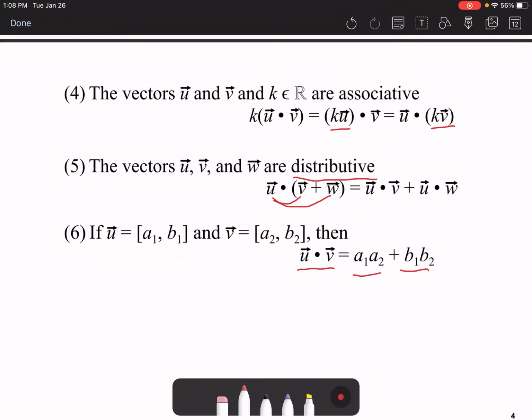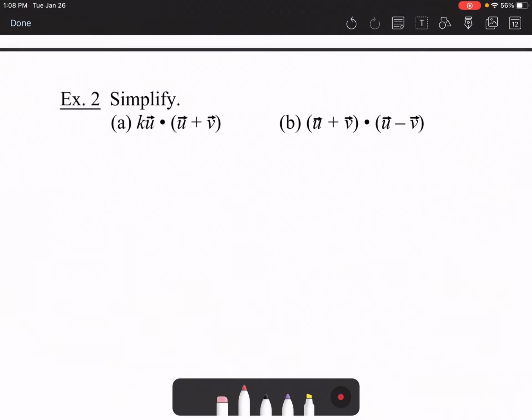So let's see how we can use these properties to simplify some problems. So let's say we have ku dot u plus v. Well, according to our properties, what we can do is we can take ku and dot it with u, and we can also add ku dotted with v.